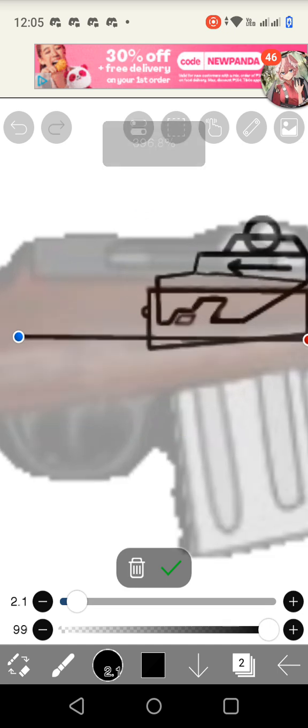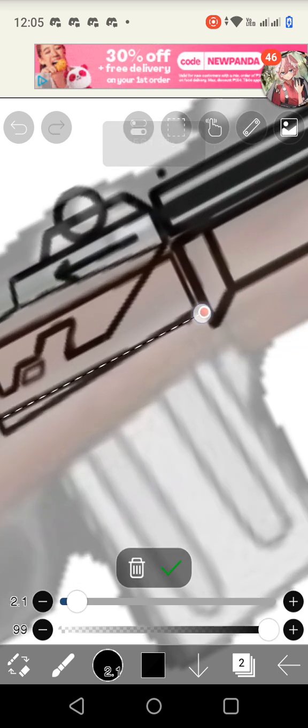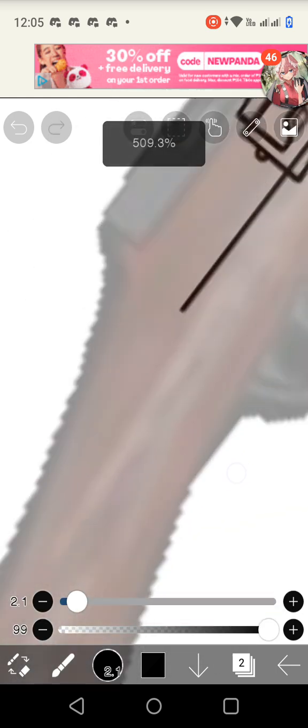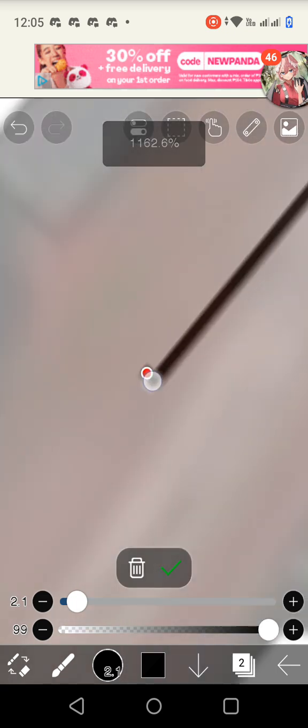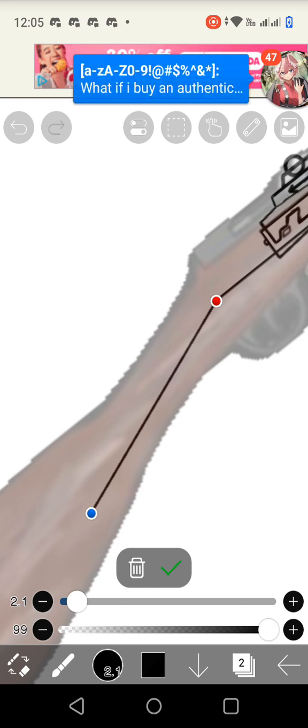The rail should be right there, up until here. One-sided guide rail, and then the buffer tube should be here for the spring.